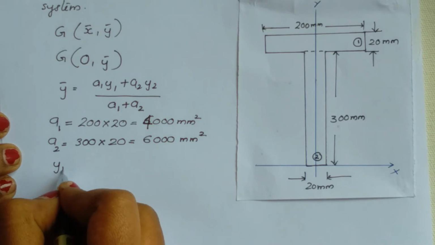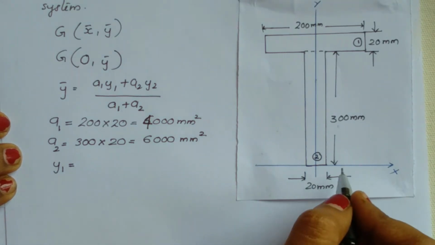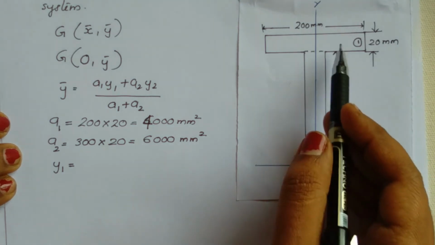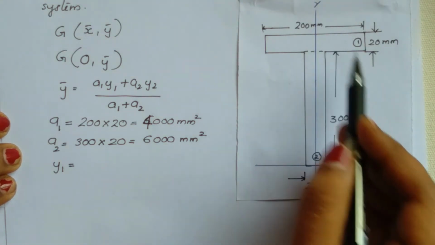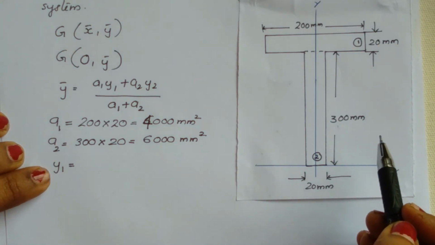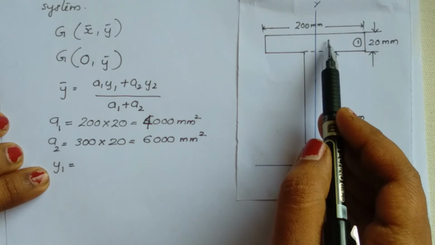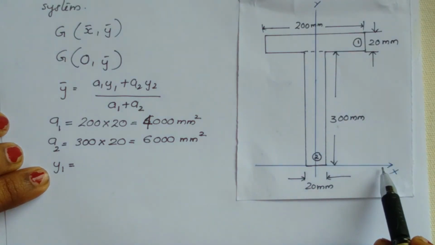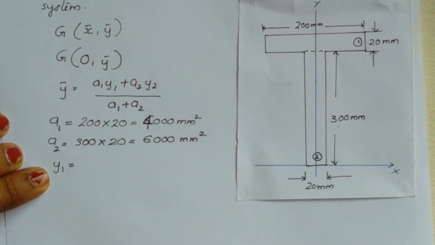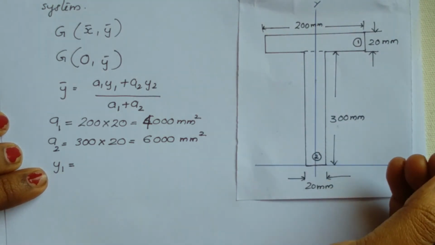Now y1. What is y1? Y1 is the distance from the centroid of the first figure to the x-axis. So for that, we need to locate the centroid of the first figure.